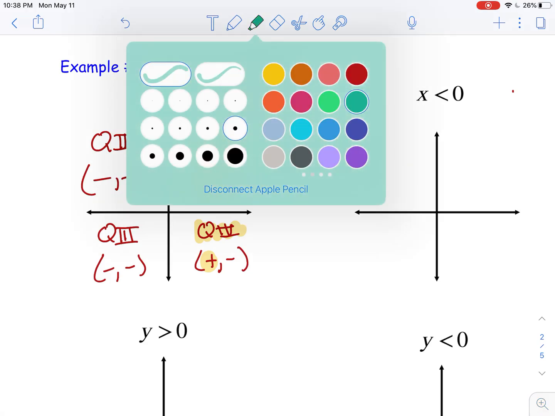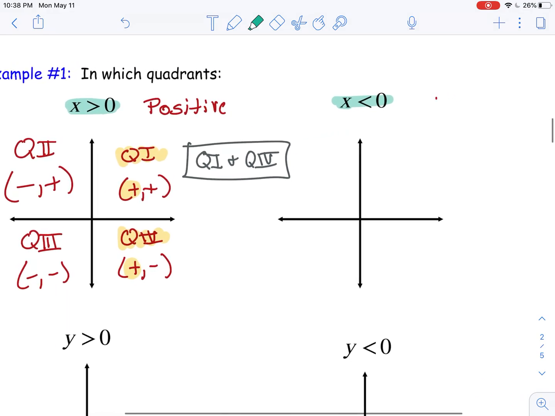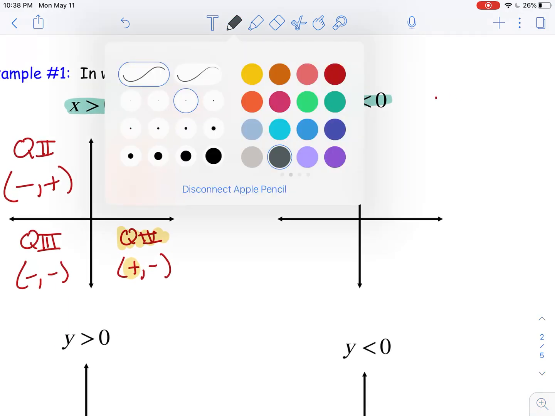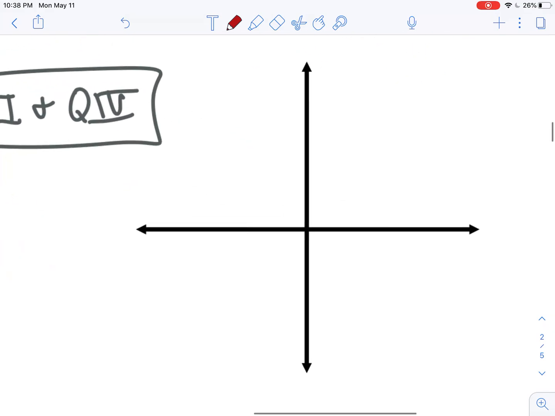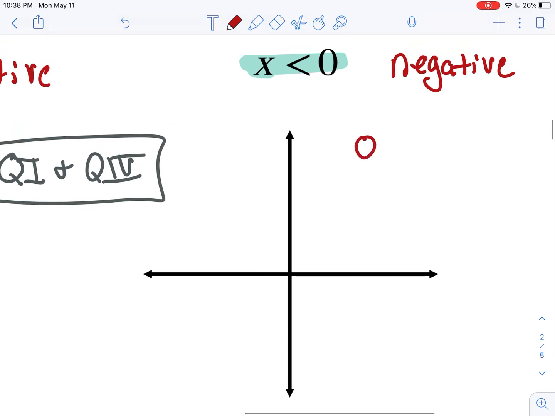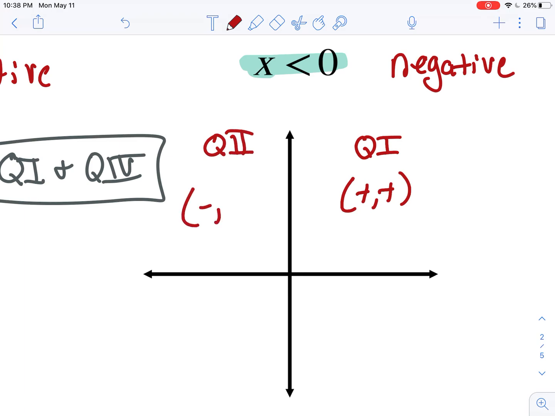The next one asks us when is x less than 0. So that would be when is x negative, in which quadrants is x negative. Once again, we'll look at our quadrants. Quadrant 1 is positive, positive. Quadrant 2, negative, positive.